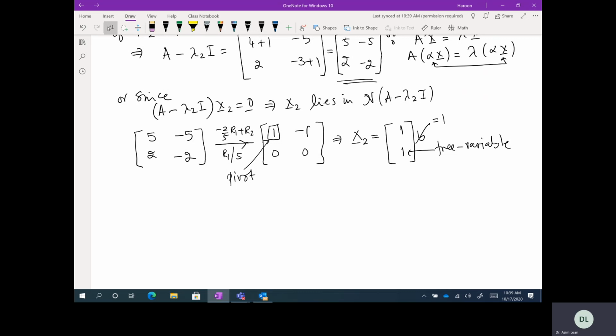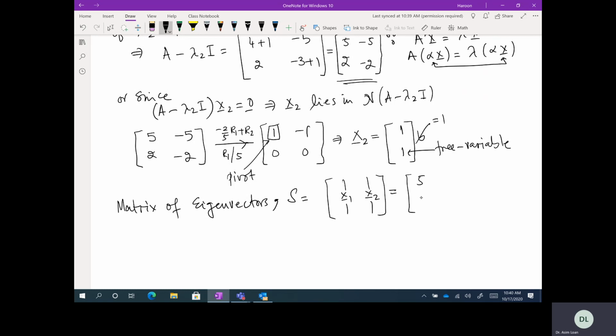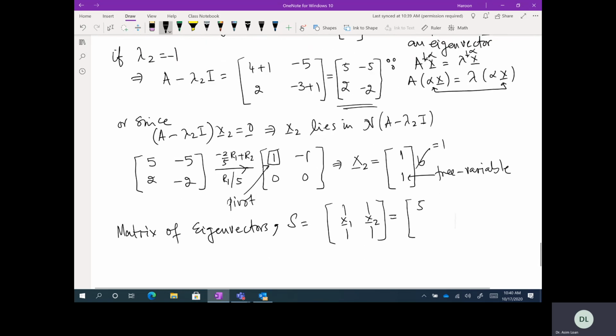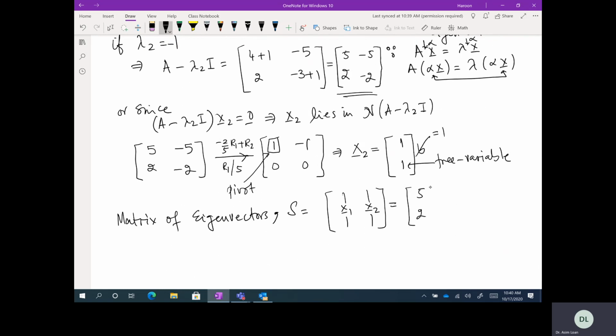So my matrix of eigenvectors, let me define this one: this is x1 and this is x2. We're going to use it in a little while. This is 5 and 2, and this is 1 and 1.